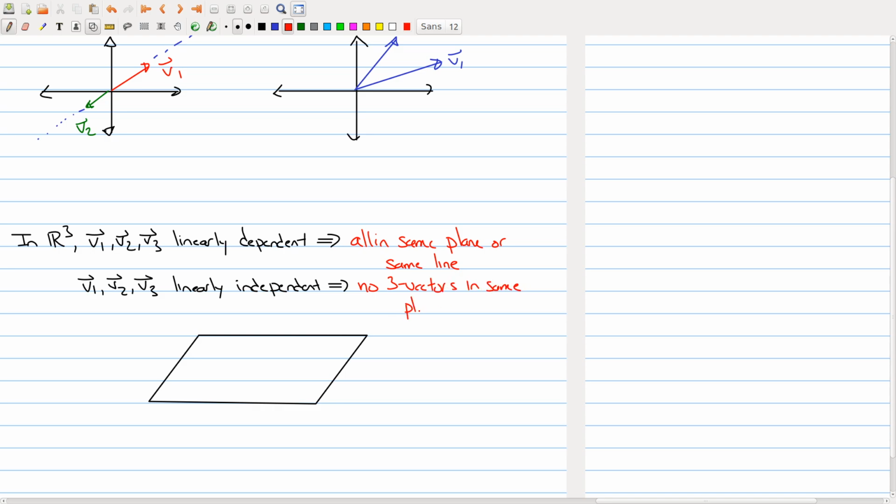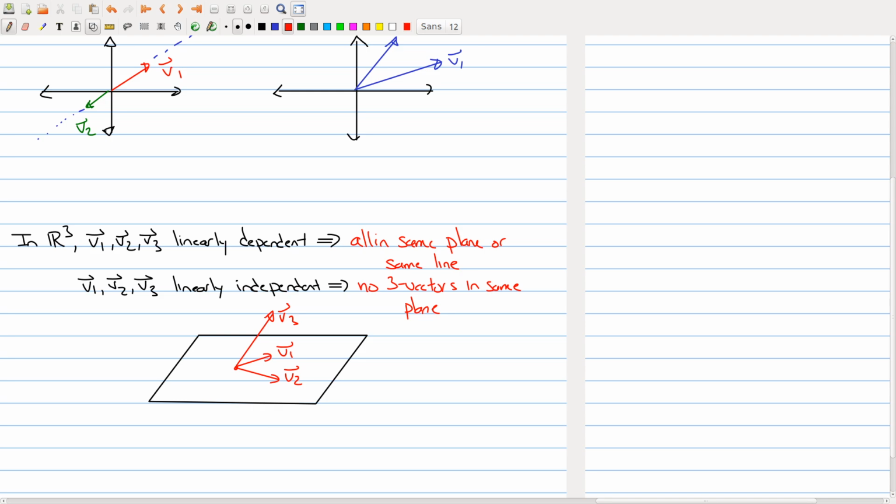in the same plane. So whenever you have a vector, it defines one particular line. When I take another vector in R3, it gives me another in a different direction. Those two vectors combined describe a plane. Now, to be linearly independent, I would have to take a third vector that points outside of the plane.